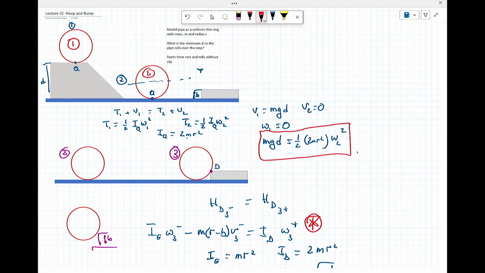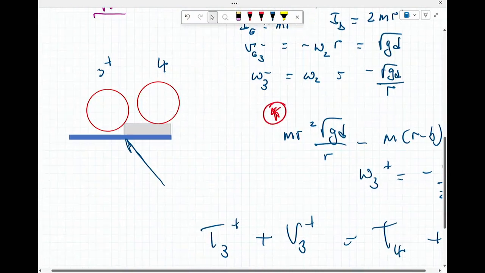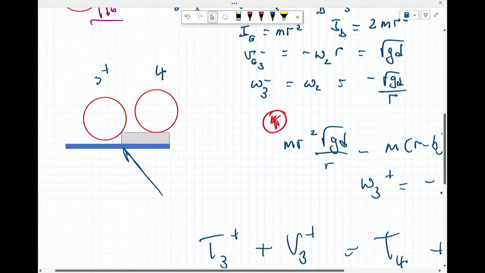The impact has occurred, it had translational and rotational velocity, then it's only rotation about point D, and that's all I want. And then after impact, I have 3 plus, which is this value right here, and 4. That's where it all goes together.